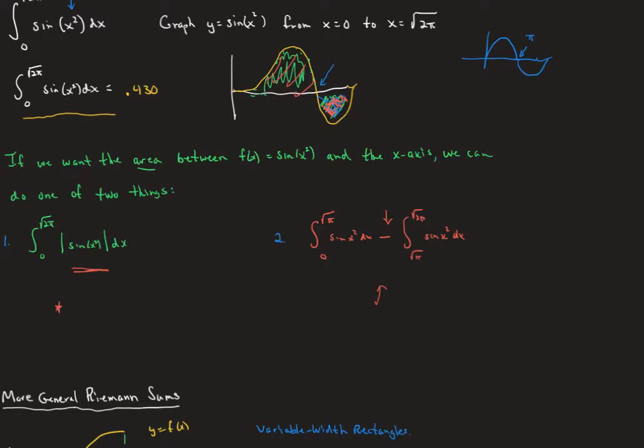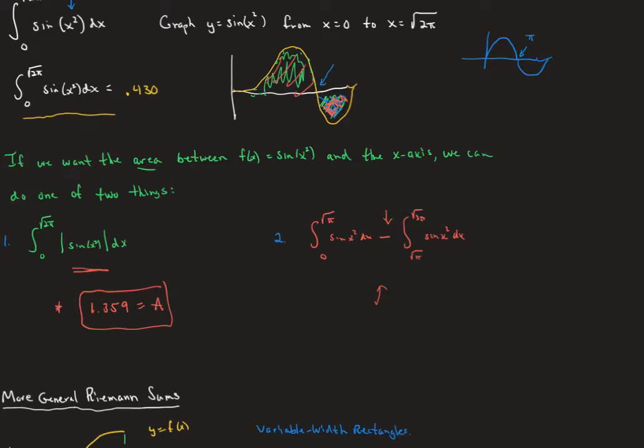Then right arrow till you're in the dx box and hit your x. And then if you hit enter, it's doing some work there, and on mine I'm going to get 1.359. That is the area between our curve and the x-axis between 0 and square root of 2 pi.